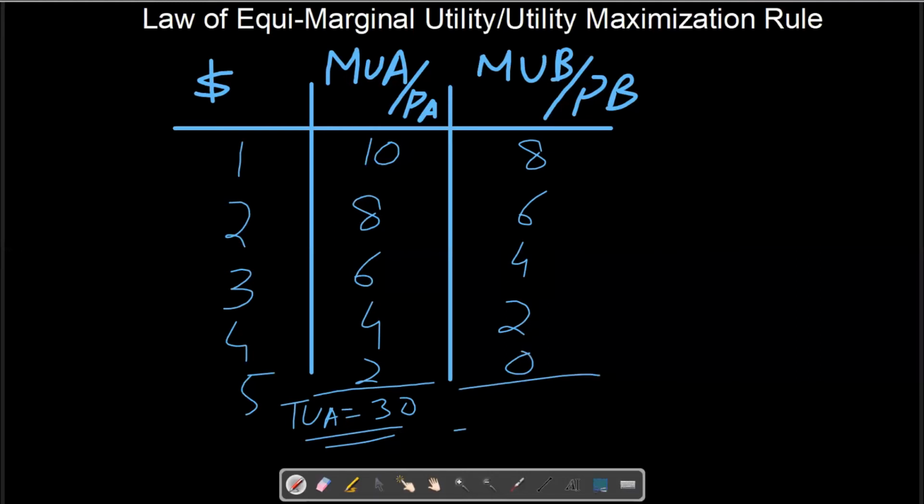So the total utility from product B is 20 units. This table clearly shows that if the consumer spends all of his income on product A, he can get a maximum of 30 units of satisfaction, and if he spends all of his income on product B, then he can get a maximum of 20 units of satisfaction.